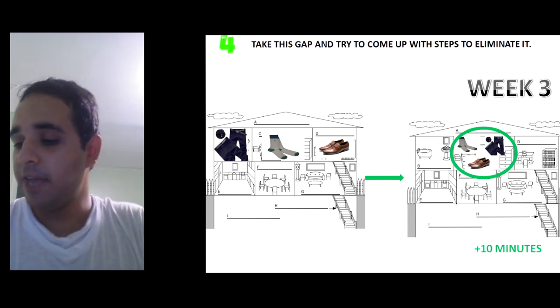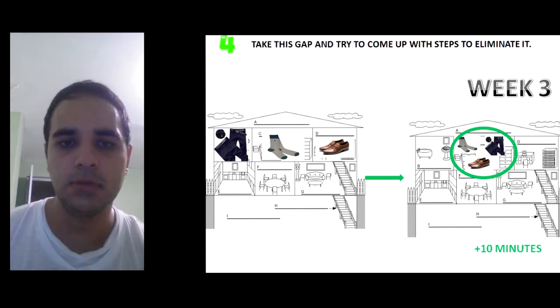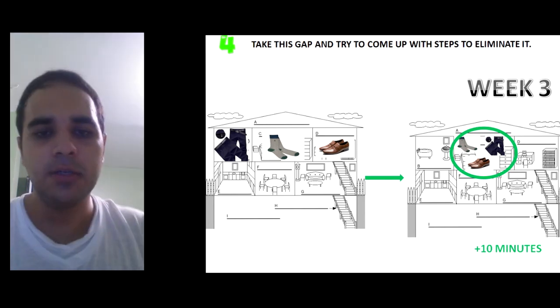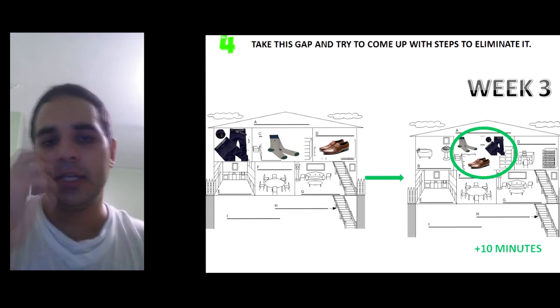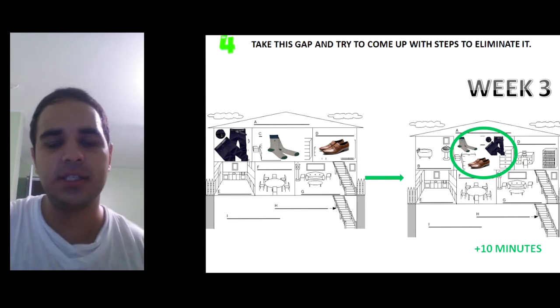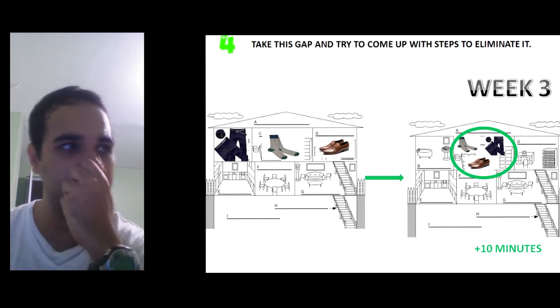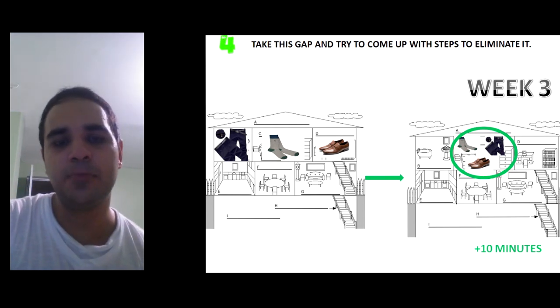So this will save you more 10 minutes. In the first week you started waking up earlier, 10 minutes earlier. In the second week you allocated the shaving process. Shaving process, it's very funny. You allocated the shaving to the night.